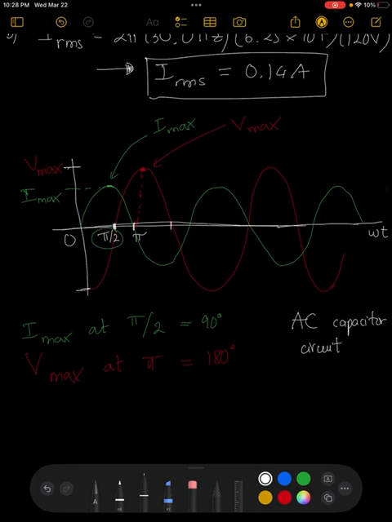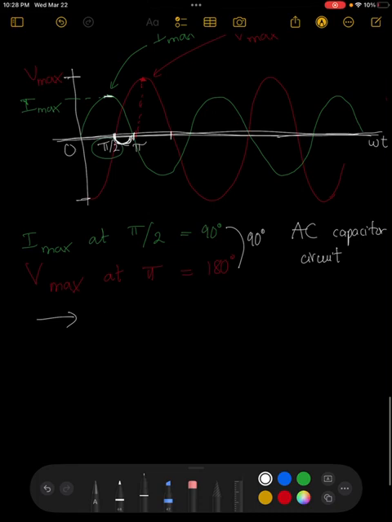The maximum current happens 90 degrees, so between pi over 2 and pi is 90 degrees, before the Vmax, before your maximum voltage. So based on this diagram, we can say that the maximum voltage lags behind the maximum current.